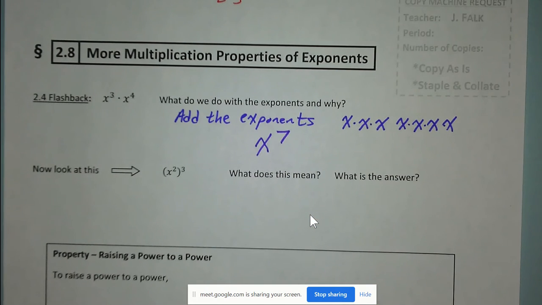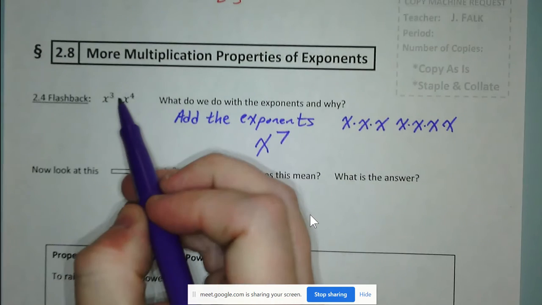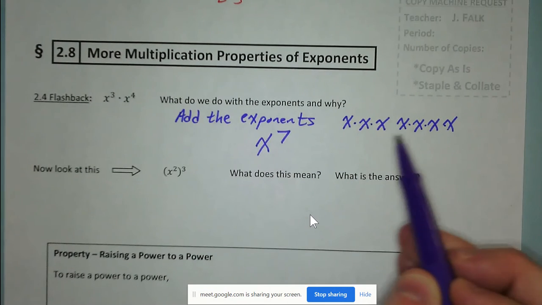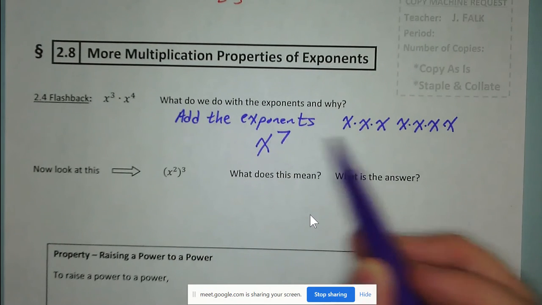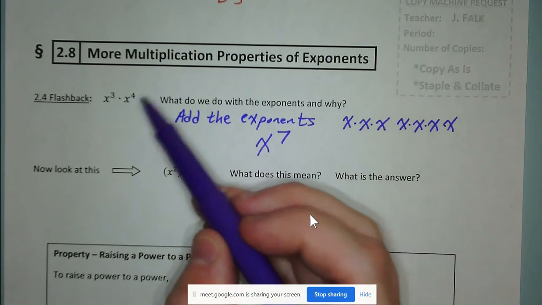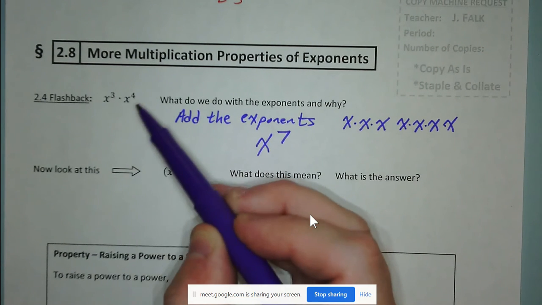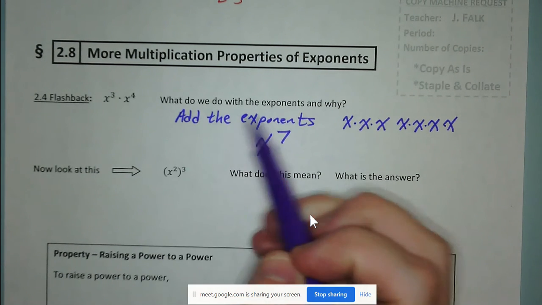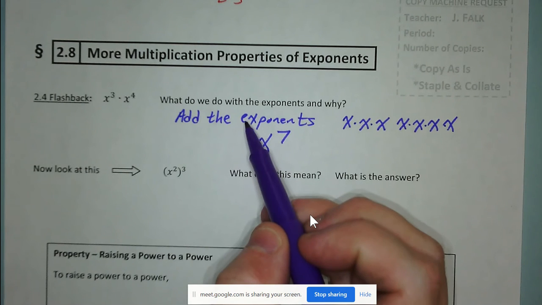So that's at least a decent explanation why we can just add the powers, because if you wrote it all out, you would just have x to the 7th power. So in this exact situation, the shortcut is just to add the powers.